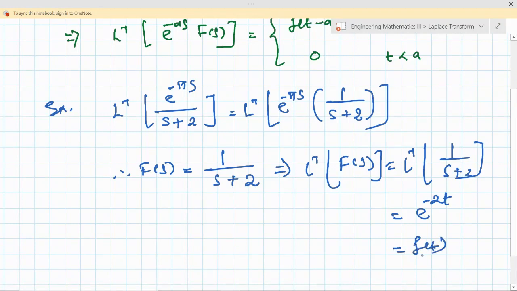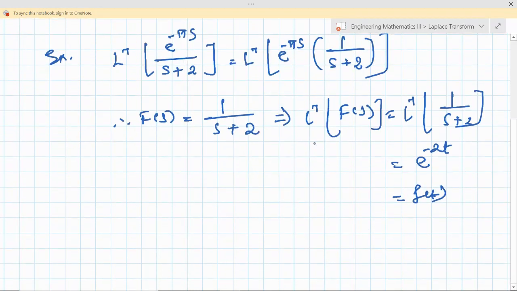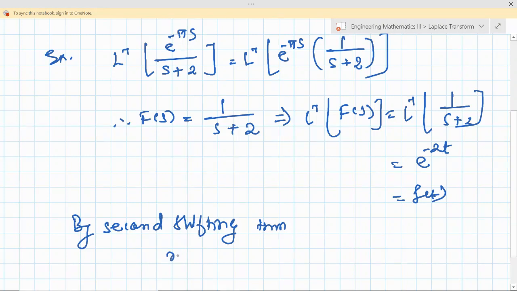Okay, so what we have to do, with the help of this second shifting theorem, we need to replace t by t minus a in f of t. So by the second shifting theorem, replace t by t minus a. What is a? A is nothing but pi, isn't it?